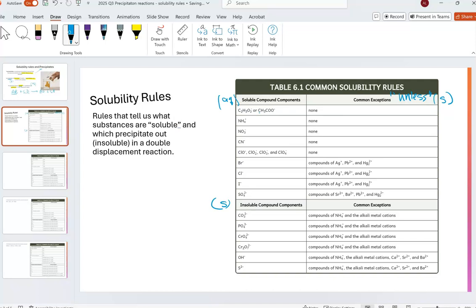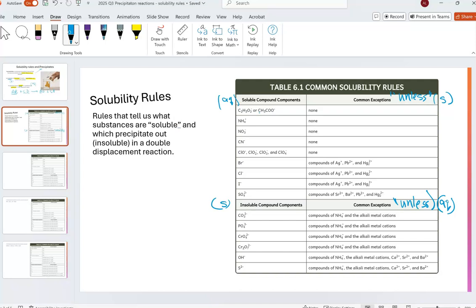So if you have a substance that is bonded to one of these, it will be a solid, or it will precipitate out. Unless, again, I like to think common exceptions are more like unless this substance is bonded to something over here, then it would be aqueous.